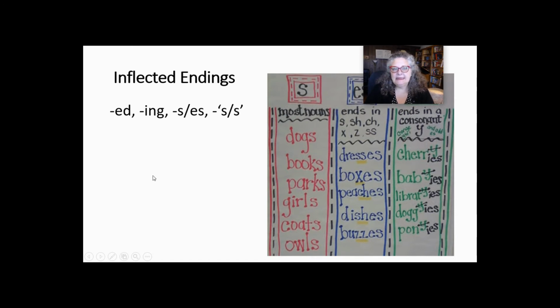Inflected endings are added to the end of words, so they are affixes. But think about it as categories. So you have affixes up here, meaning anything you're adding to the beginning or end of a word. And under that category, you have prefixes, you have suffixes, and you have inflected endings. Inflected endings are not suffixes. Okay. All right.